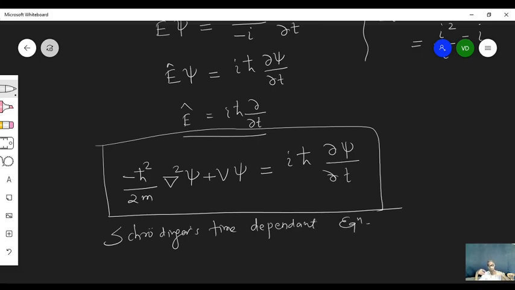Wherever there is a phenomenon, for example photon electron interaction or energy matter interaction, we use the Schrodinger's time dependent equation, because in such phenomena the energy levels are shifting and changing, or the position or the energy of the electron is changing with respect to time. So this is a time dependent phenomenon, and therefore the wave function will change with time, and we have to use the Schrodinger's time dependent equation.